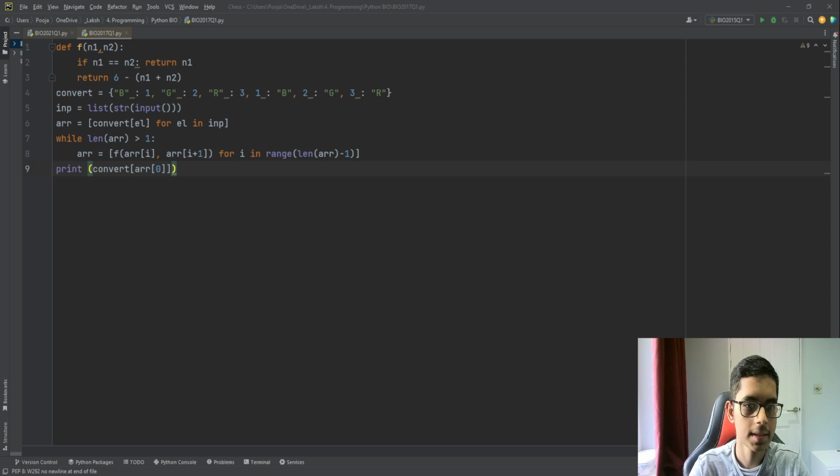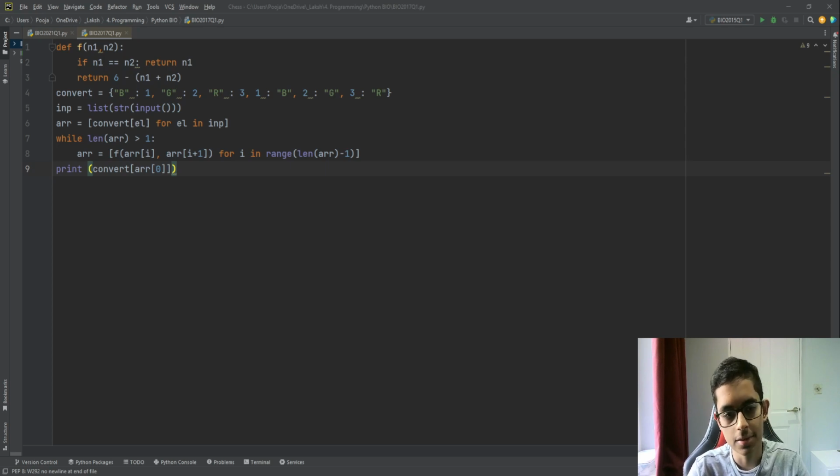This is quite a neat way to do it, rather than having several if statements. Otherwise we'd have to check if the first number is 1 and the second is 2, or the first is 2 and the second is 1, and return 3, and go through all possible combinations.